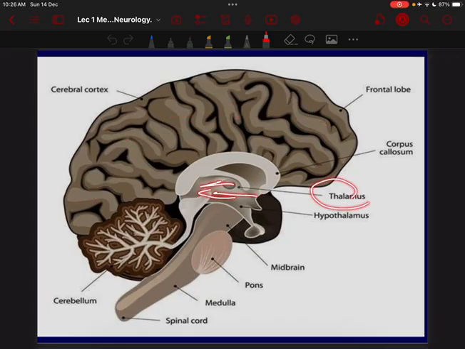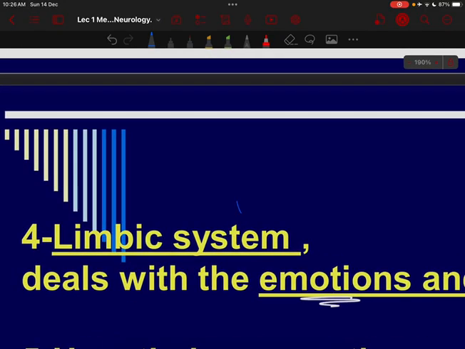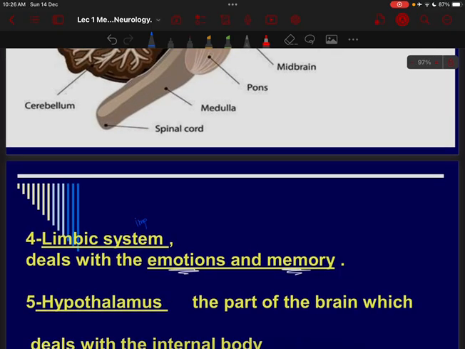And this is the hypothalamus. Okay. We have another important system, and that is the limbic system. That's more new. The limbic system is very important. And the limbic system deals with what? Deals with emotion and deals with memory. Limbic system.